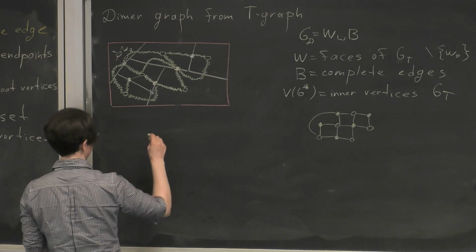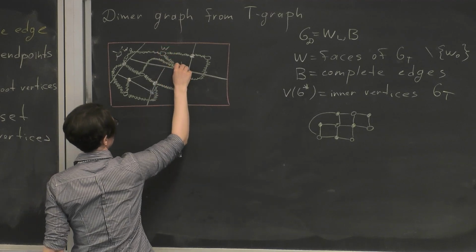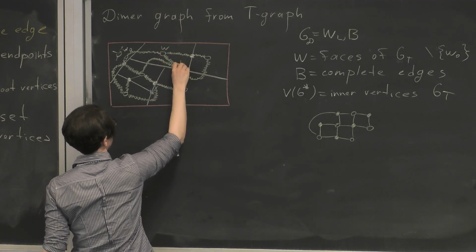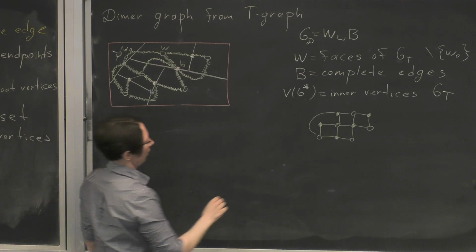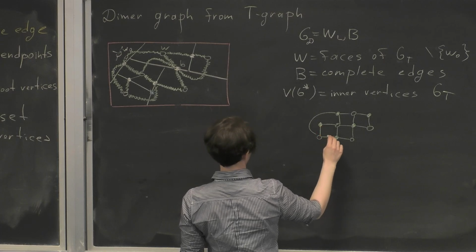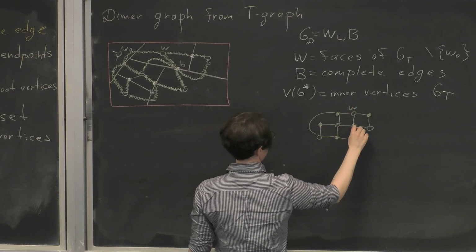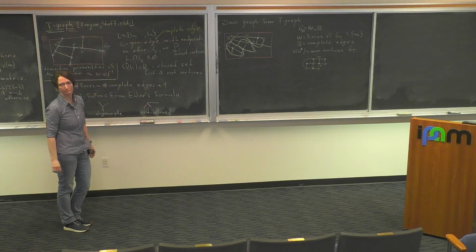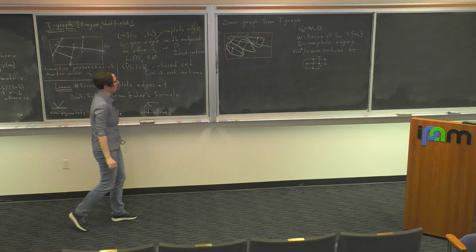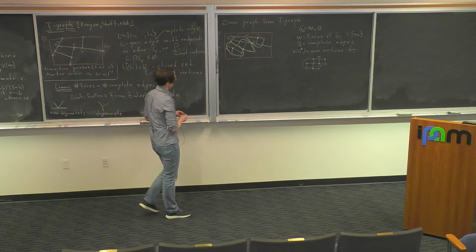For example, this white vertex and this black vertex are, which ones? This and that, I guess.